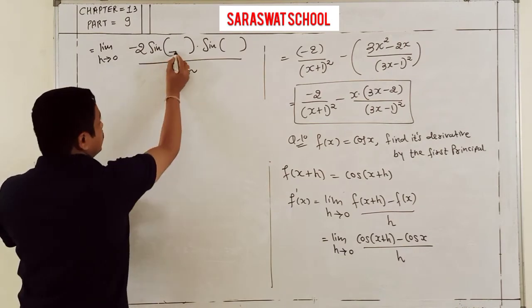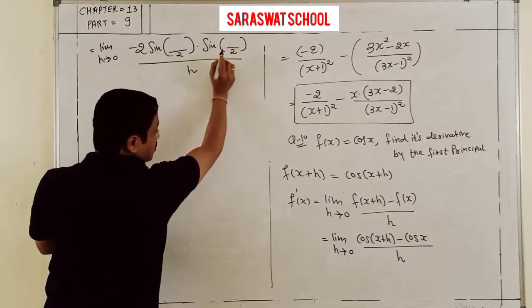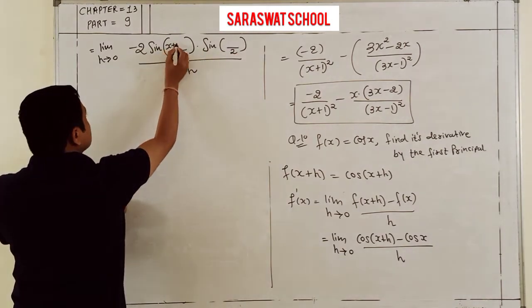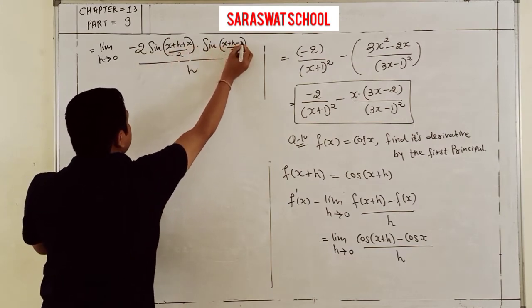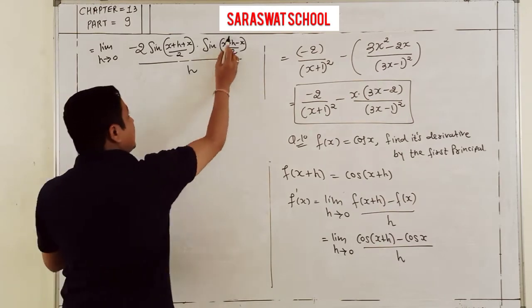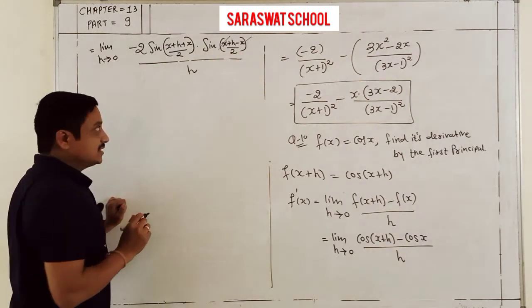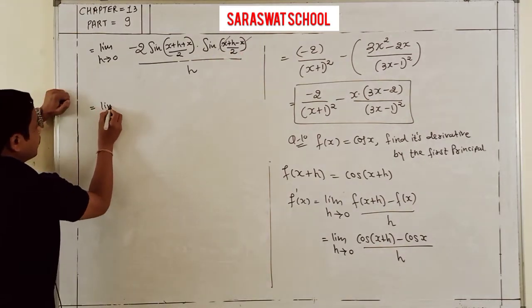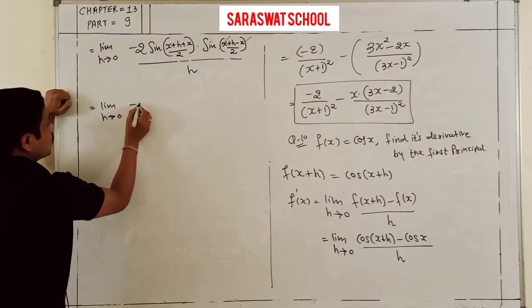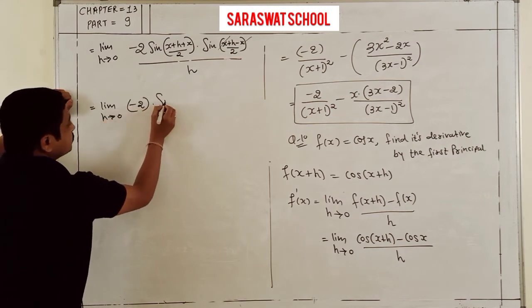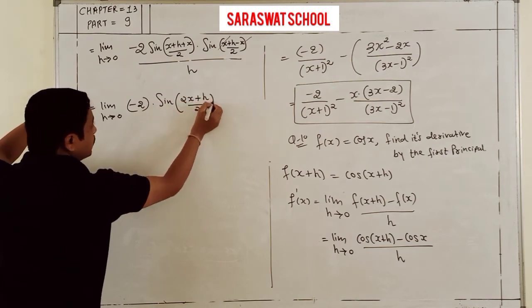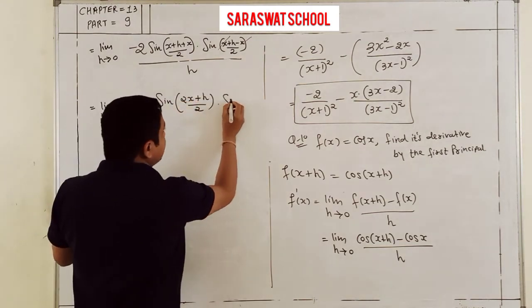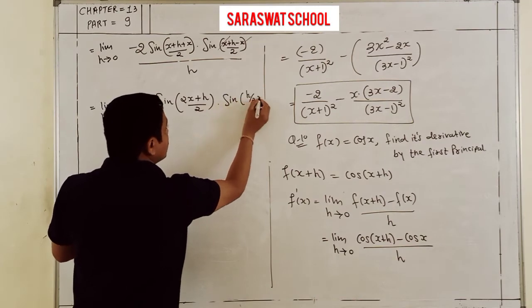You know that both angles here are divided by 2, one is the addition, x plus h plus x, and the other is x plus h minus x. So finally this x and that x cancel. Remaining, I have limit h tends to 0 minus 2 sine of 2x plus h by 2, and sine h by 2 upon h.